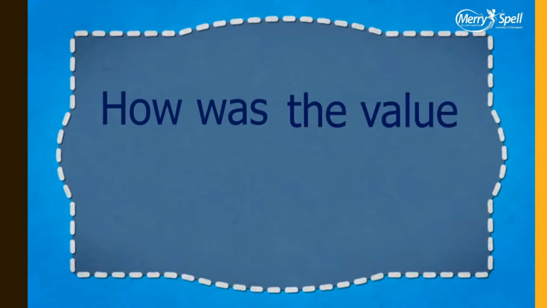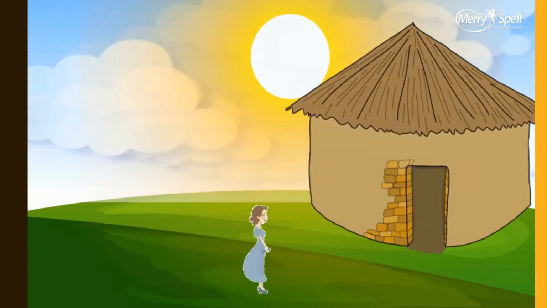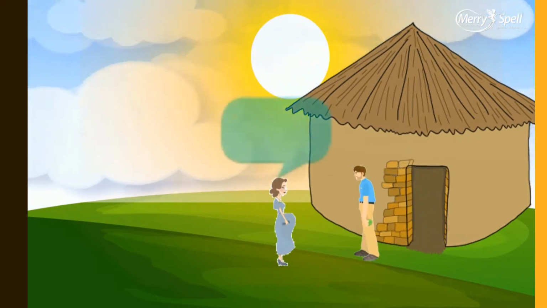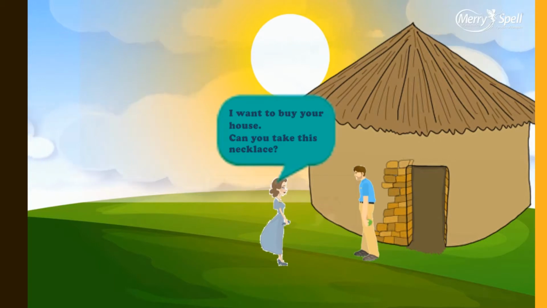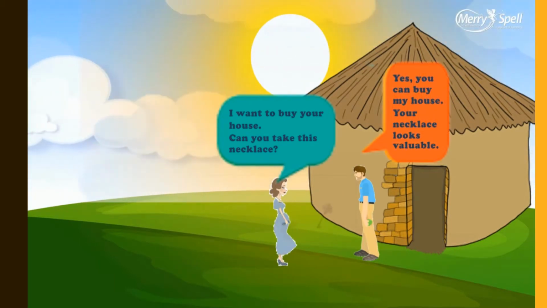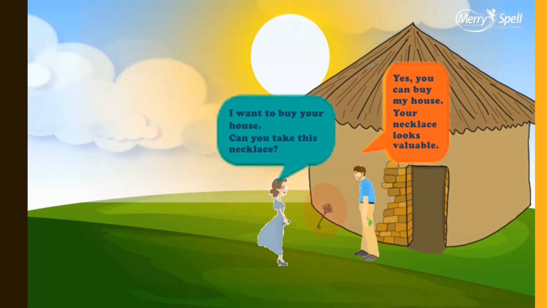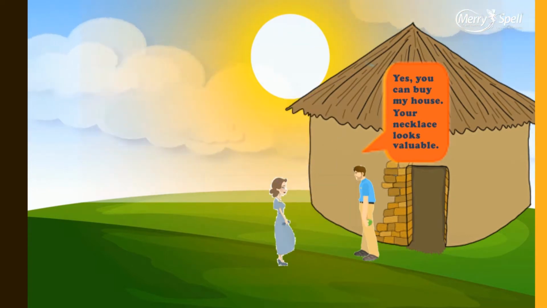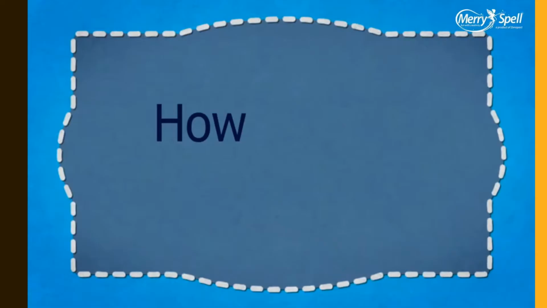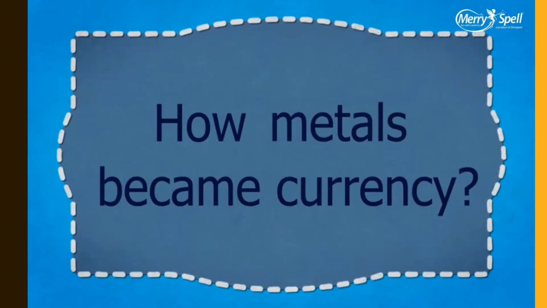How was the value problem solved? Value problem was solved by creating an imaginary value which can be compared and exchanged with any item for the purpose of trade. Earlier people used animal skin, jewelry made out of rocks, animal bones marked with signs, and weapons to be exchanged as currency. How metal became currency?